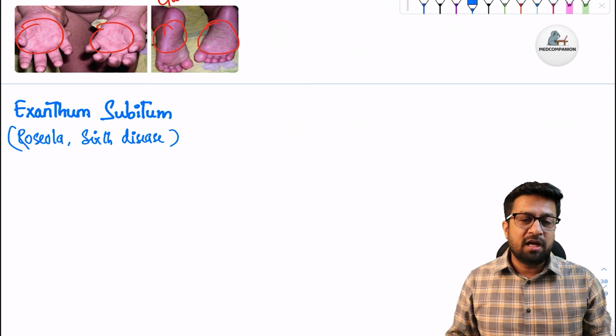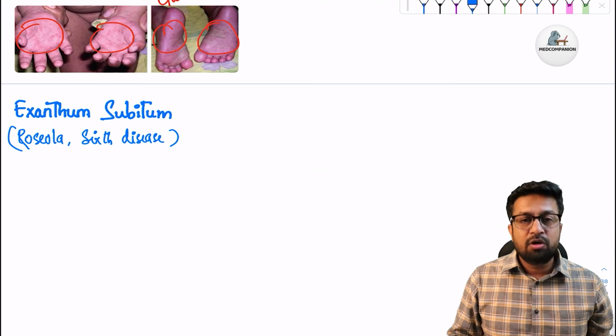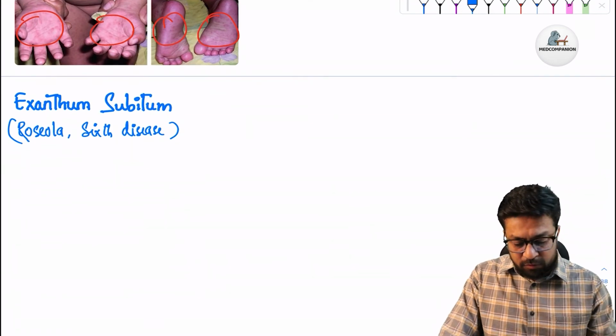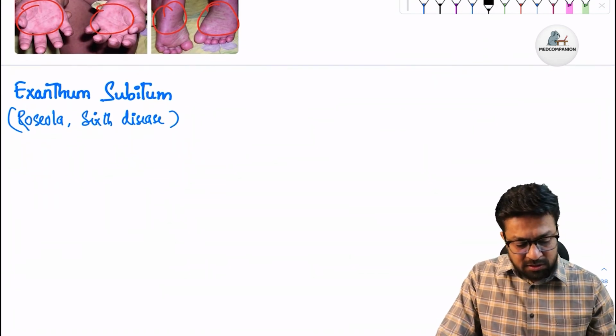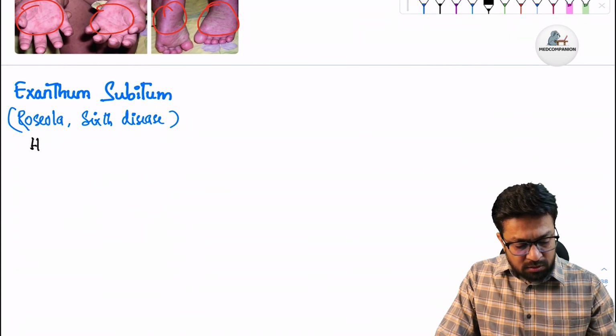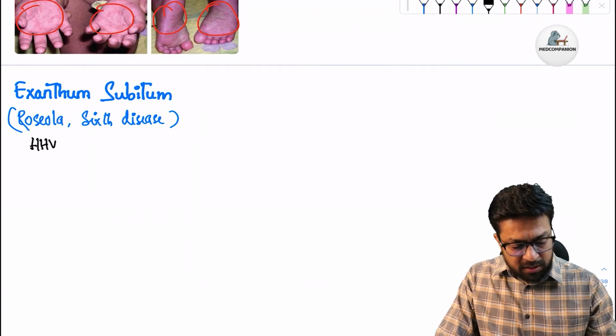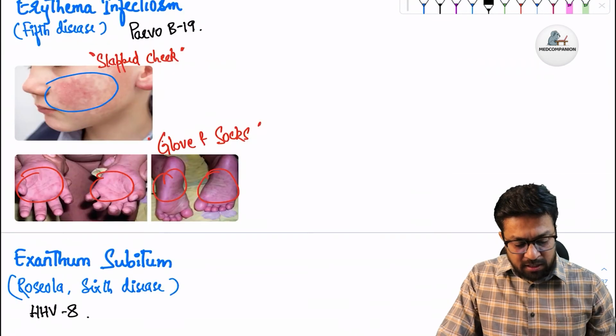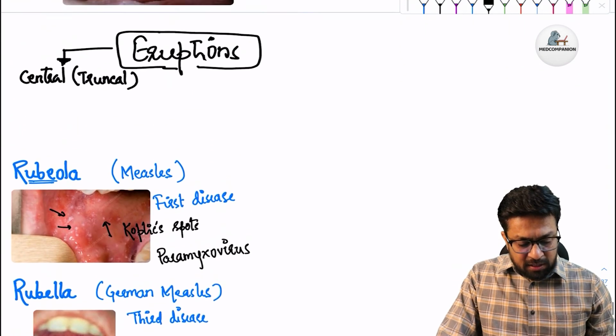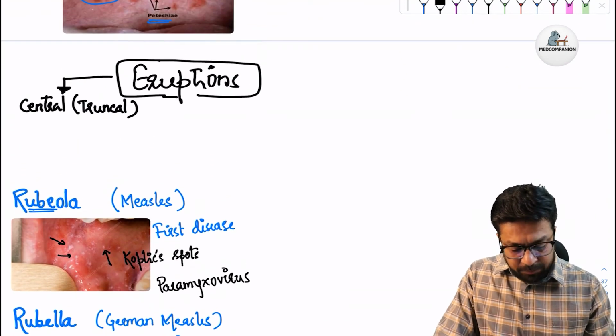You have the rubella, rubeola, roseola. All of these are very confusing. Then the virus that causes is human herpes virus 6. HHV8 causes this disease. Finally, coming to those eruptions that are peripheral in nature.